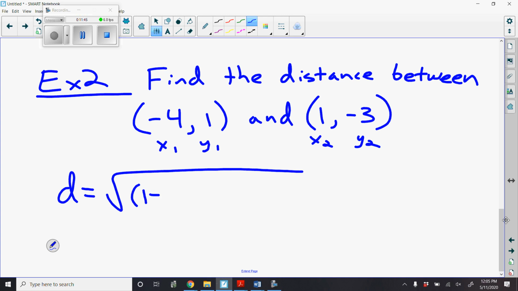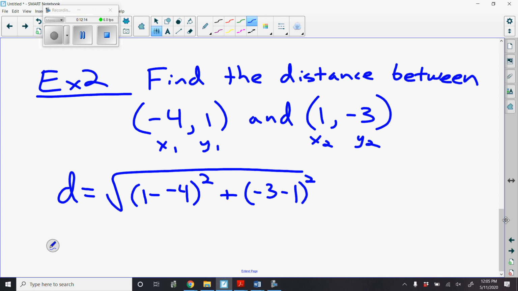So that's 1 minus -4 squared. Don't just write 1 minus 4 squared. It's 1 minus -4, right? You have to be very careful in particular here as you're doing this. Plus y2 minus y1. So that's -3 minus 1 squared.